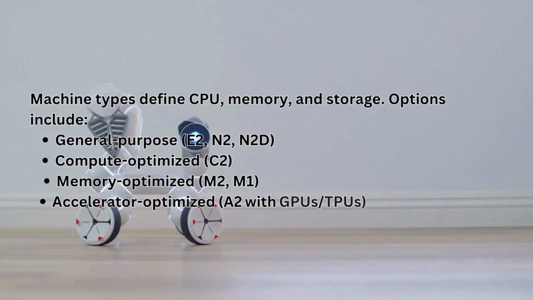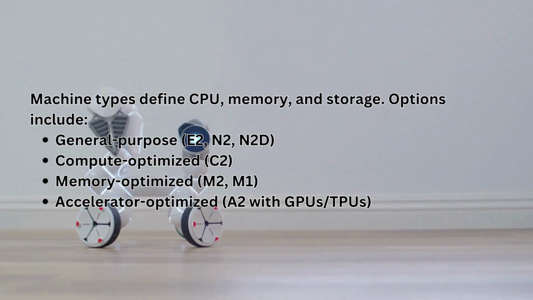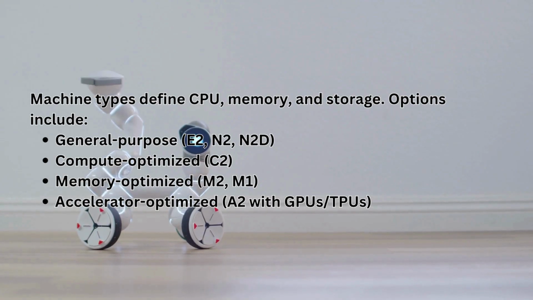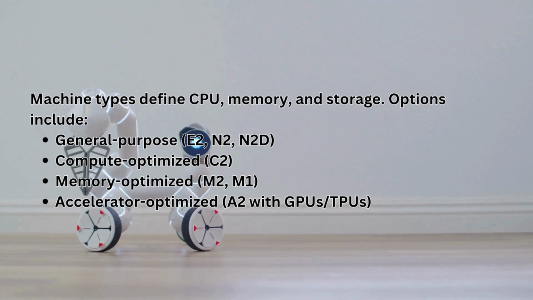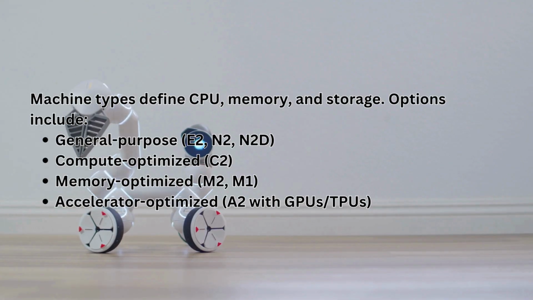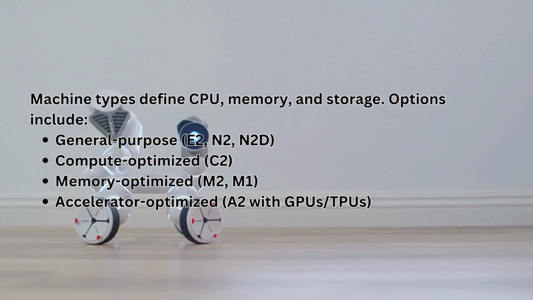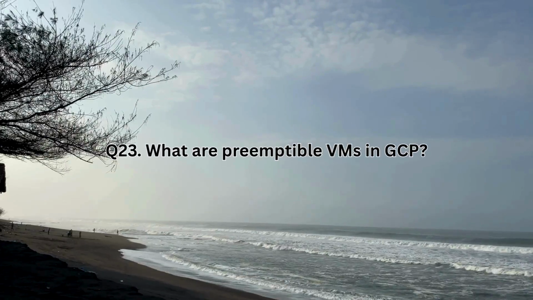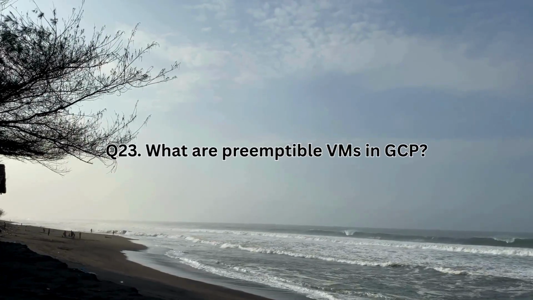Machine types define CPU, memory, and storage. Options include general purpose: E2, N2, N2D; compute optimized: C2; memory optimized: M2, M1; accelerator optimized: A2 with GPUs, TPUs. What are preemptible VMs in GCP?